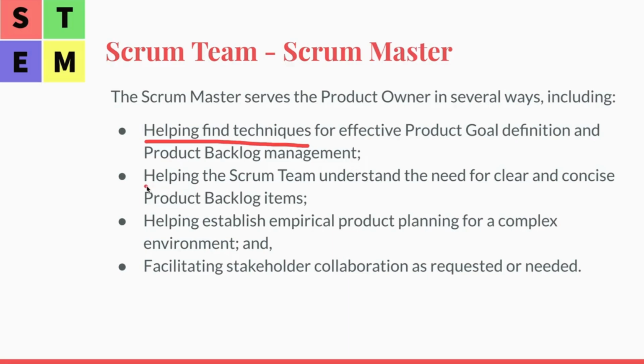It helps the Scrum team understand the need for clear and concise product backlog items. Again, this is helping, not being responsible for it. It also helps establish empirical product planning for a complex environment, and facilitates stakeholder collaboration as requested or needed. So again, the Scrum Master mostly helps the product owner and the Scrum team fulfill their tasks.